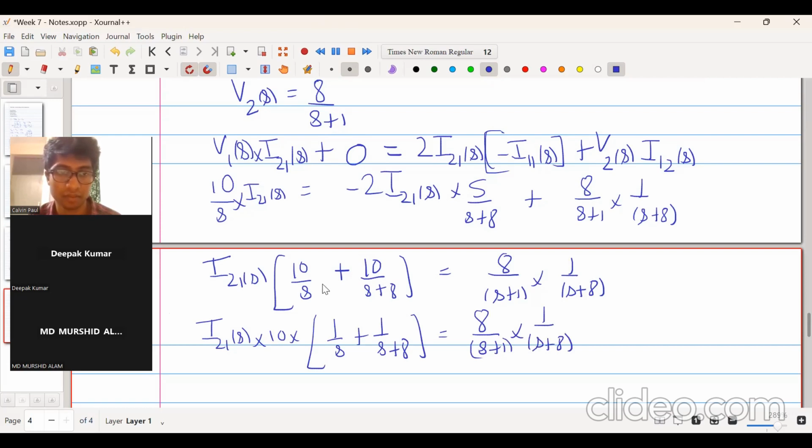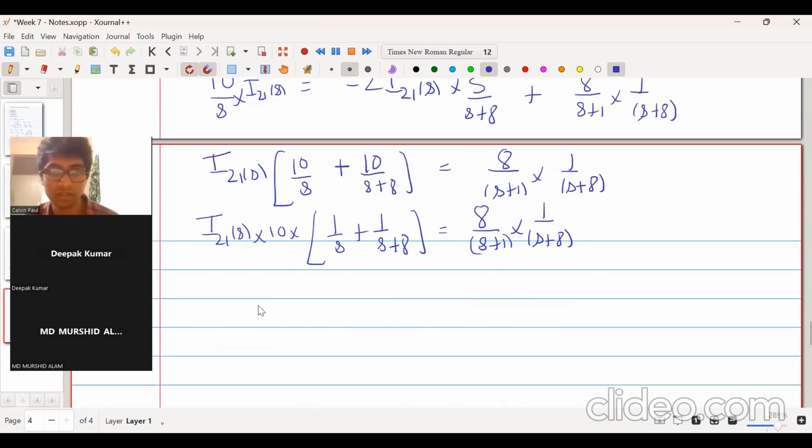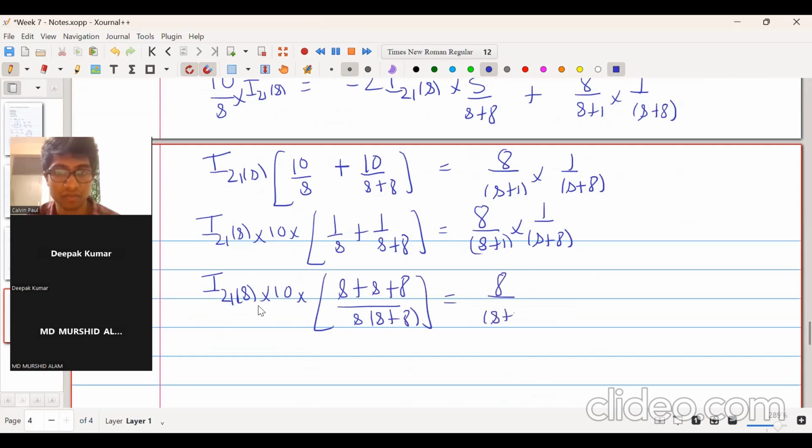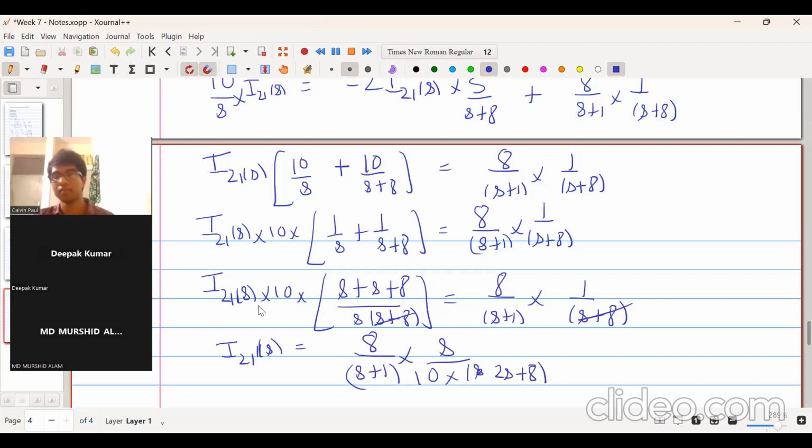So you get it as I21 of S into 10 into S plus 8 into S plus 8 is equal to 8 upon S plus 1 into 1 upon S plus 8. This S plus 8 and this S plus 8 get cancelled. So I21 of S is equal to 8 upon S plus 1 into S upon 10 into 2S plus 8. Any doubts in this?